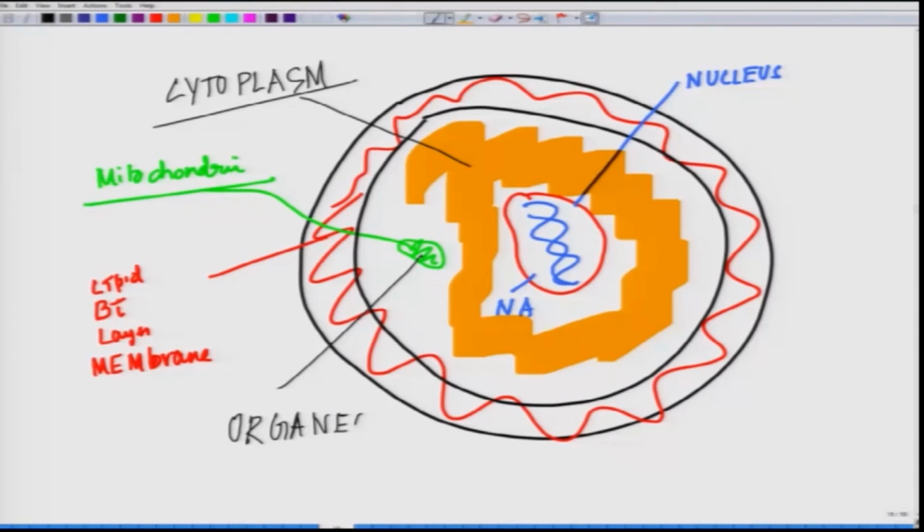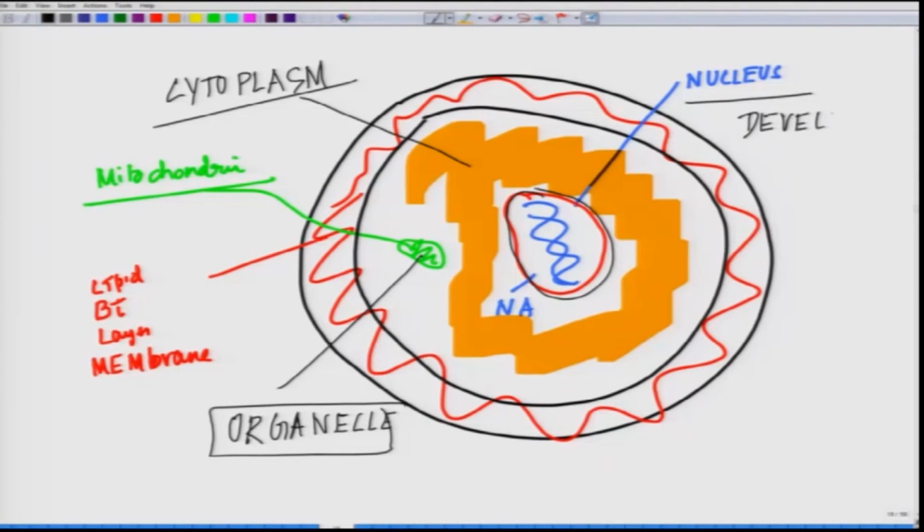Again, I am not going in depth on this because I want you to brush up your basics. Here you have the nucleus, which is regulating your development and heredity. All the different aspects of a unique cell type are conserved in this DNA.